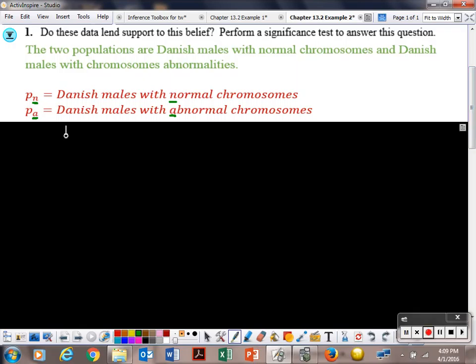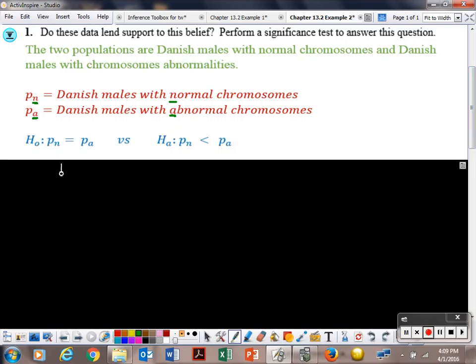All right, now my hypothesis. So again, we're saying that they're the same. The proportion for normal and the proportion for abnormal are the same, versus the alternative where the normal is less likely to be a criminal than the abnormal.